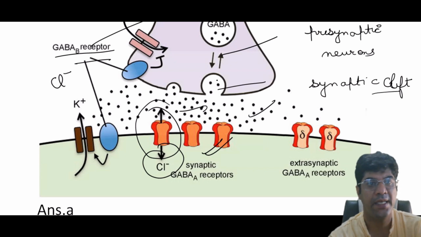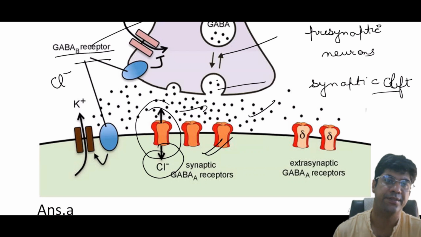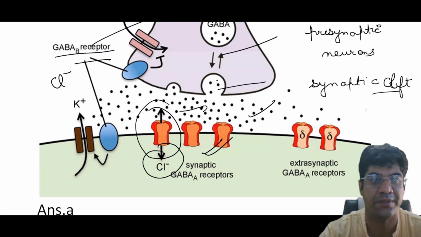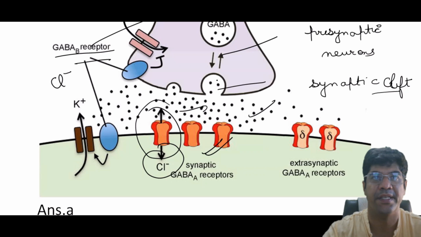Additionally, it can inhibit the calcium ion channels, reducing the release of neurotransmitters. So your answer is GABA receptors.